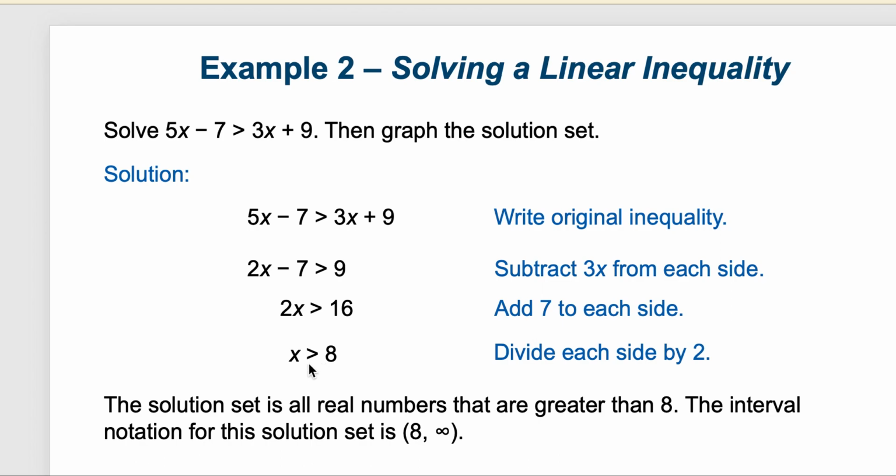And since it's not a greater than or equal sign, it's going to be an open parenthesis. And again, this is an example of an unbounded interval because your upper bound is infinity, so it's not bounded on the upper end.